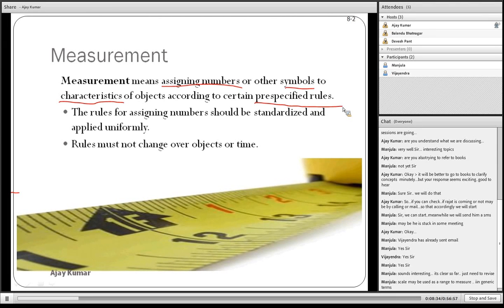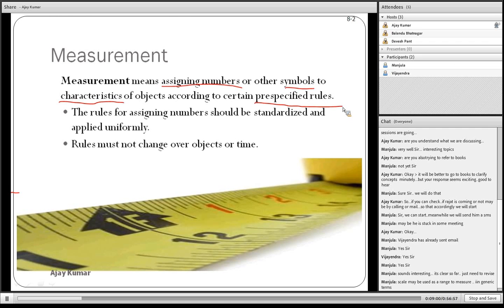Suppose we are trying to measure height in centimeters. This is the standardized norm, and it has to be uniform also, right? So this proper way of measuring the height of an individual has to be standardized so that things can be compared.